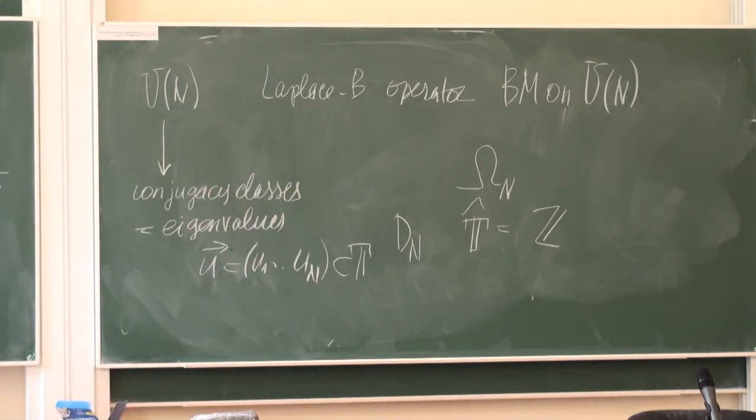And this is a fundamental fact of the theory of representations, say, of finite groups, that the conjugacy classes and the irreducible characters have the same cardinality.